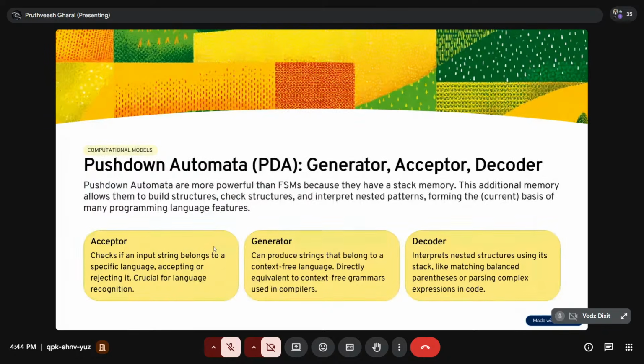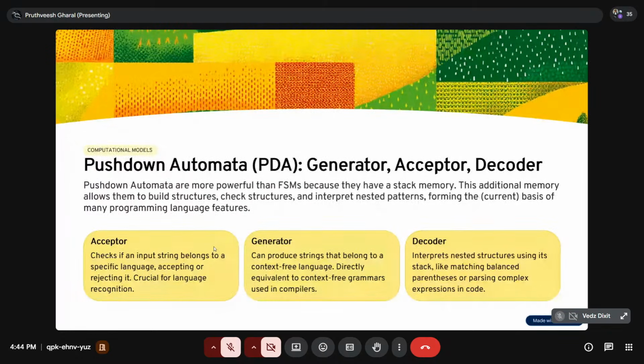Let's say I spoke a sentence in the English language and I asked you whether this sentence belongs to the English language or not. Based on what you have learned about the English language, you will obviously tell whether it is English or not.